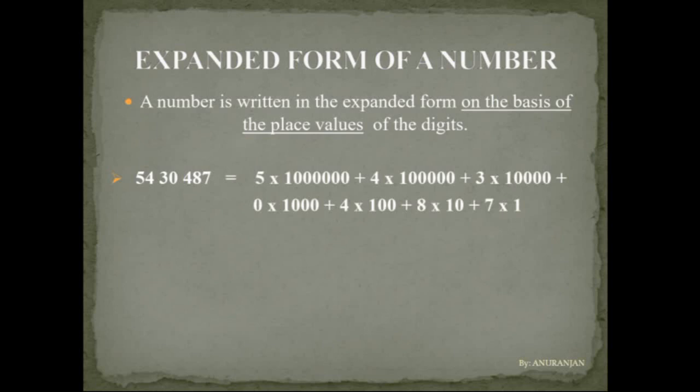Let's have a look. So here we have 5 into 10 lakh plus 4 into 1 lakh, because 4 is in the lakhs place, plus 3 into 10,000 because 3 is in the 10,000s place, plus 0 into 1000 because 0 is in the thousands place, plus 4 into 100 because 4 is in the hundreds place, plus 8 into 10, 8 is in the tens place, then plus 7 into 1 because 7 is in the ones place.